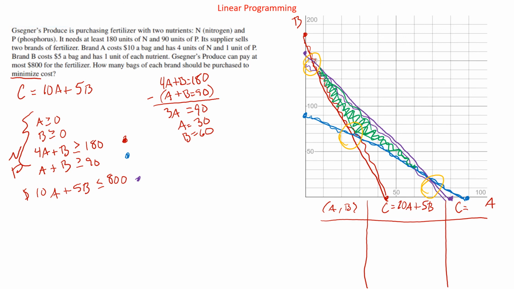So we have 30 and 60. We have these other 2 points, but those 2 points are on the purple line. Every point on the purple line, the cost equals 800. So the other ones are going to be 800.